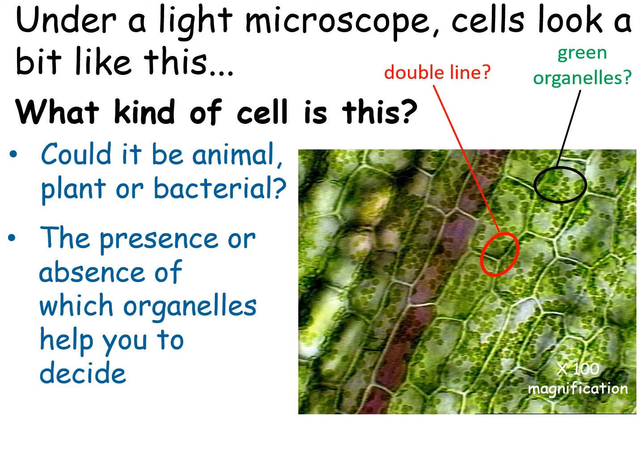So that might be making you rule out an animal cell. So that leaves plant and bacterial cells. Those green organelles, I'm hoping by now that you recognise those as being chloroplasts, which rules out a bacterial cell. So, yep, it's definitely a plant cell.